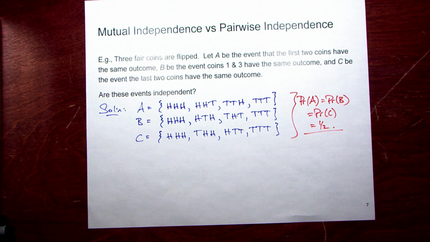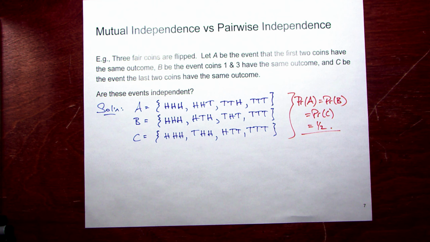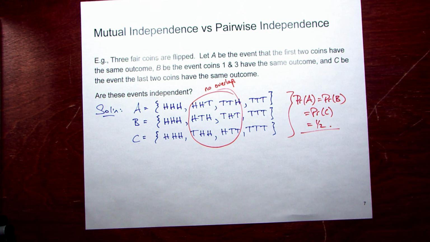Now we're going to intersect them and look at the common elements. Heads, heads, heads, and tails, tails, tails seem to be common to all 3. If you look at the middle ones, there's actually no overlap among any of them, so all 6 of these are unique. That's good, because A intersect B, A intersect C, B intersect C are all the same.